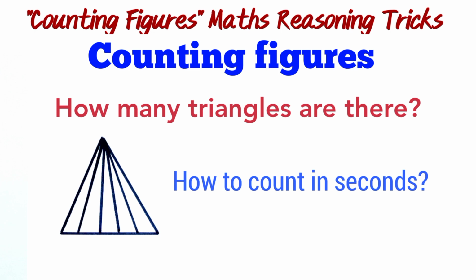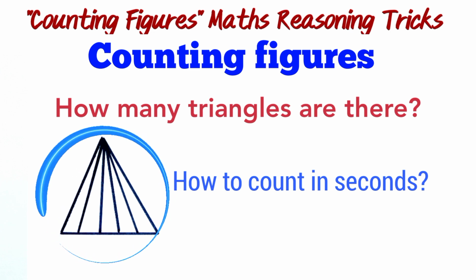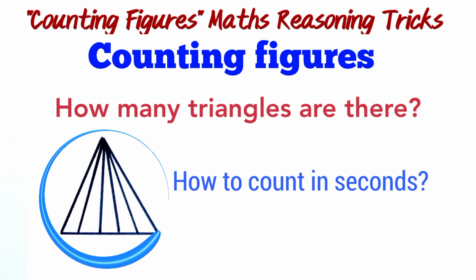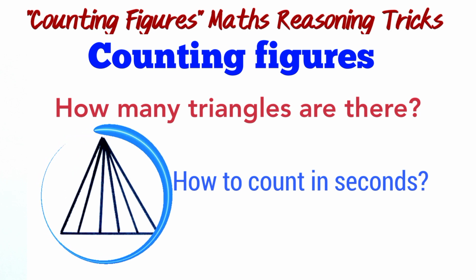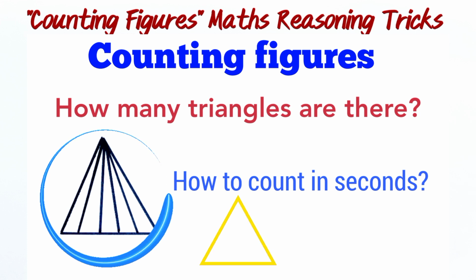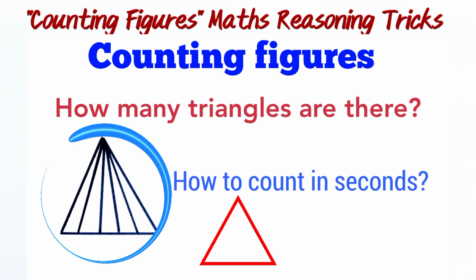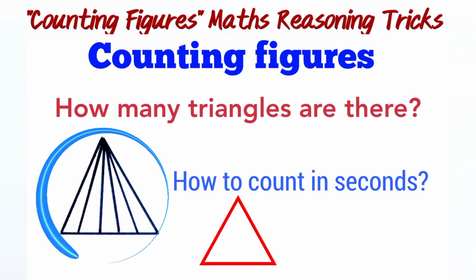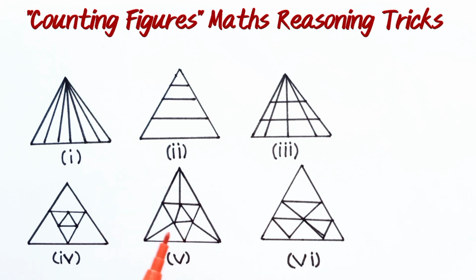In these questions, usually we can see a shape in the given figure and we have to count that particular shape in the given figure. That means we will be required to count the number of fixed shapes. For example, you can see in all these figures, the given figure is a triangle and we need to count the number of hidden shapes present in all these figures.